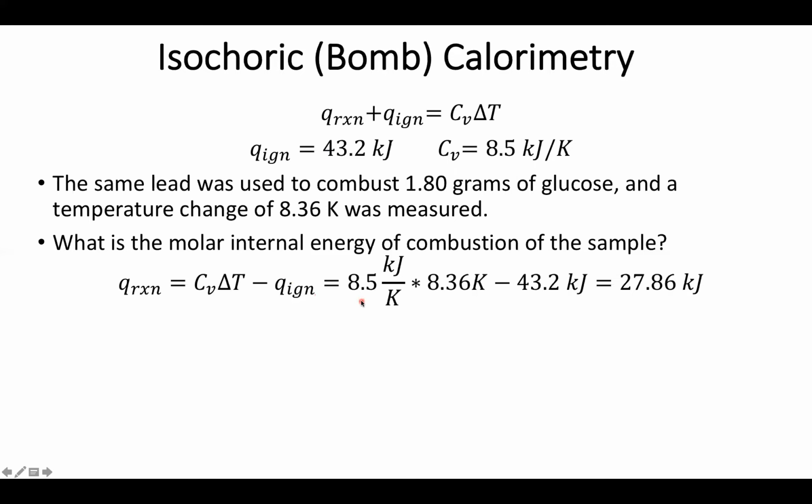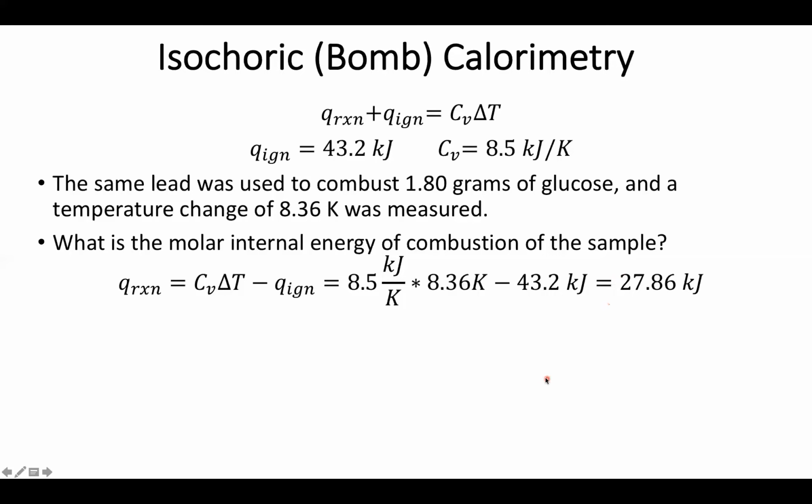We can plug in these numbers, and we find out that the combustion of glucose provides a little bit less than 28 kilojoules of energy. But what I'm really interested in is the internal energy of this reaction. So I need to flip signs, because my combustion reaction is releasing energy, not absorbing it. So again, always pay attention to your sign.